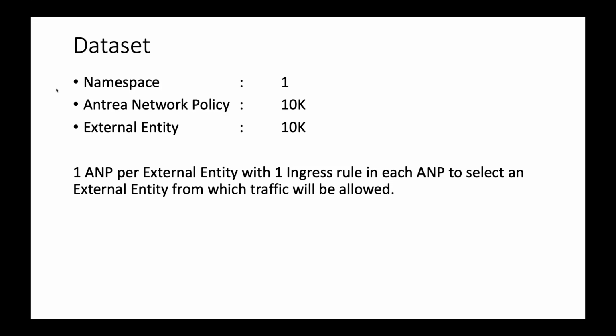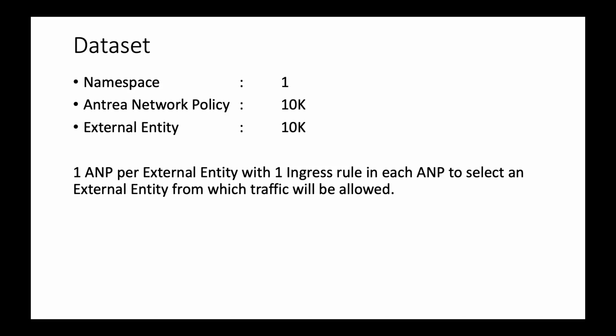The relationship between external entity and the Antrea network policy is such that there is one Antrea network policy per external entity, with one ingress rule in each Antrea network policy to select an external entity from which the traffic will be allowed. I created it in such a way that there are 5,000 groups.